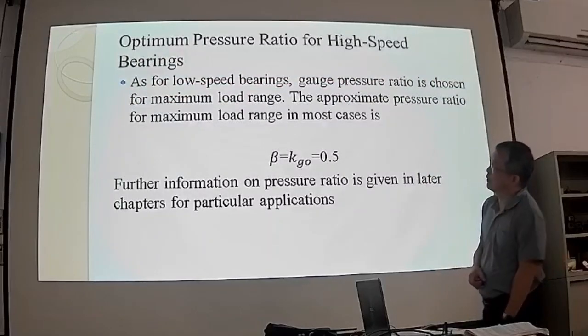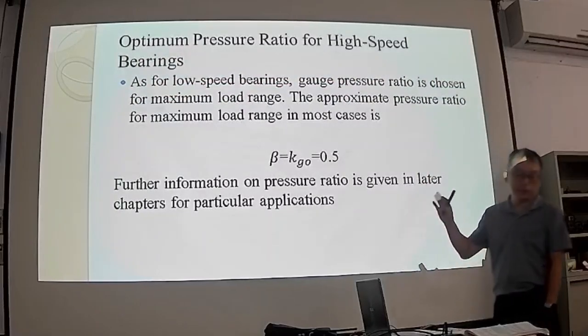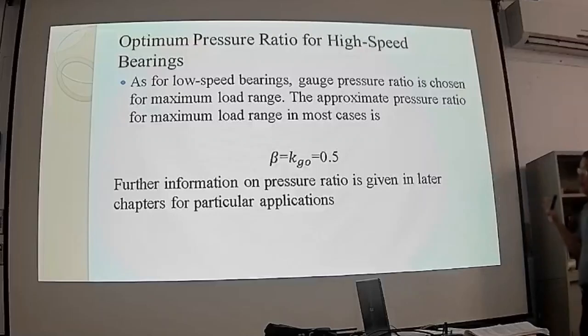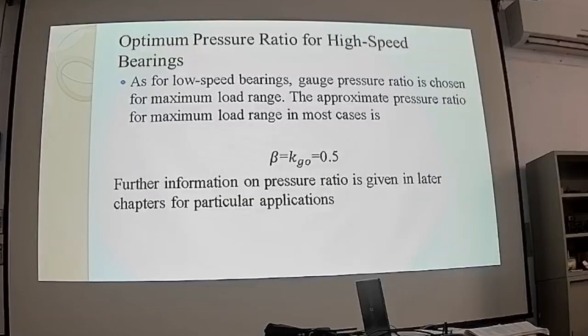So, and then we have the optimum pressure ratio. Usually no matter low speed bearing or high speed bearing, we always select the optimum pressure ratio equal to 0.5. Okay.